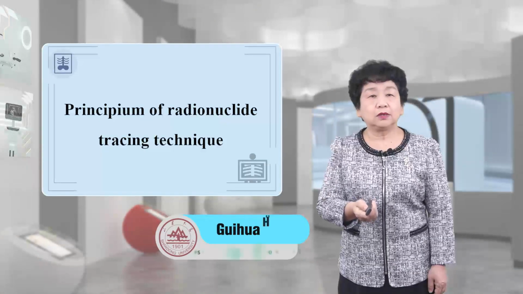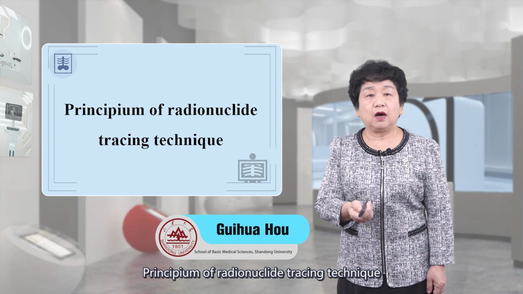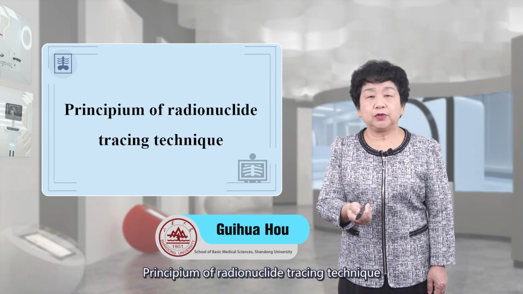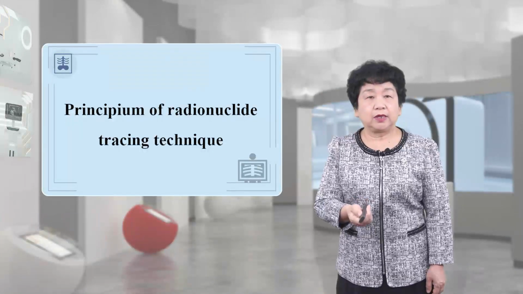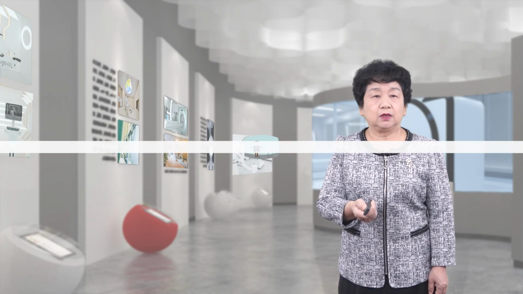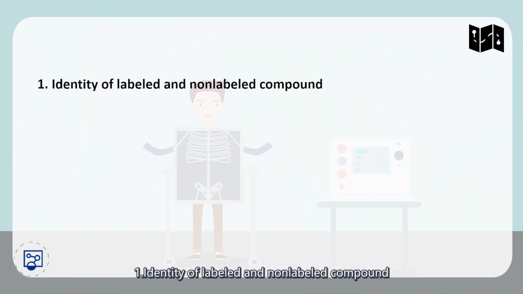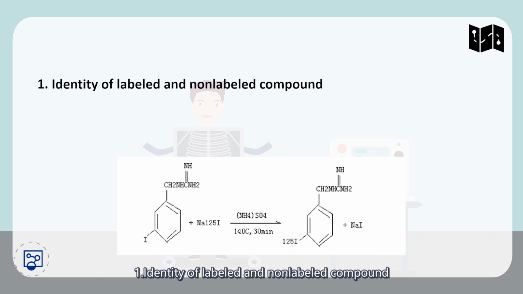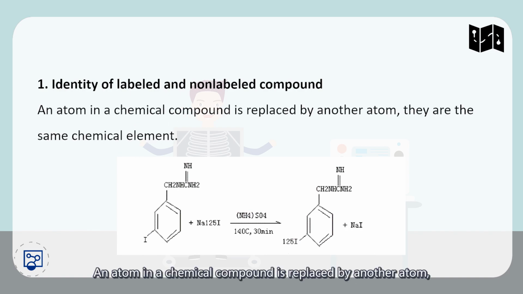Next, I will talk about the principle of radionuclide tracing technique. There are two principles. First, identity of labeled and non-labeled compounds. An atom in a chemical compound is replaced by another atom.